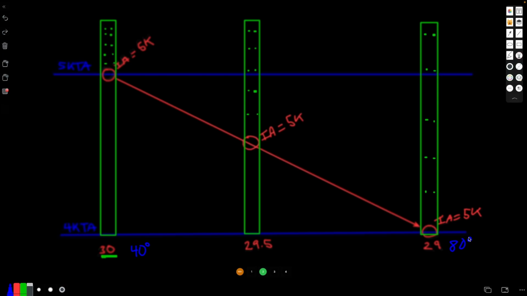So if we try to answer the question, if we go from a cooler day to a warmer day, will indicated be higher or lower than true altitude? If we try to apply this scenario to the actual question, we're going to get it wrong.